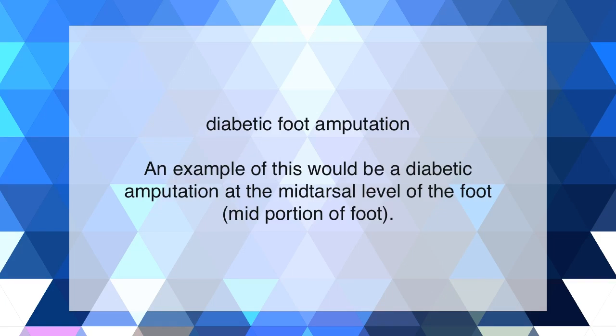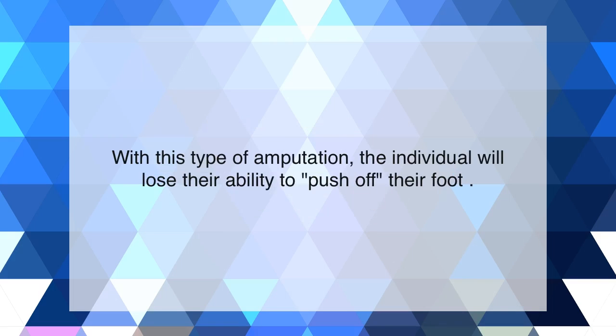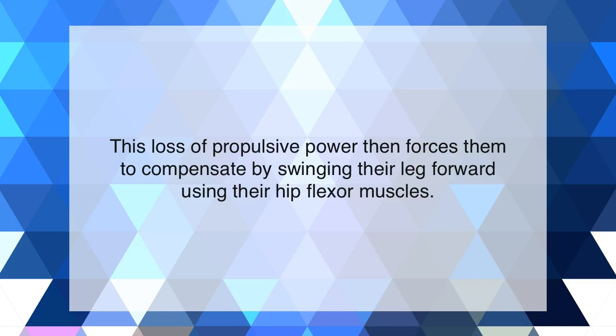Diabetic foot amputation. An example of this would be a diabetic amputation at the midtarsal level of the foot, mid-portion of foot. With this type of amputation, the individual will lose their ability to push off their foot. This loss of propulsive power then forces them to compensate by swinging their leg forward using their hip flexor muscles.